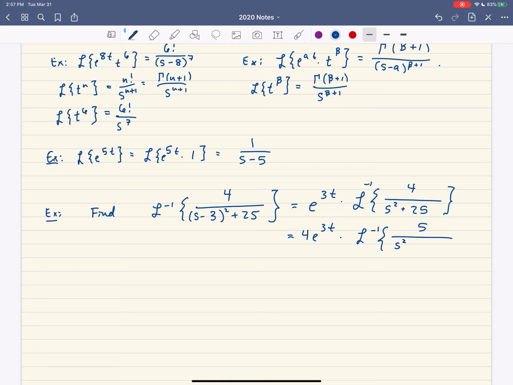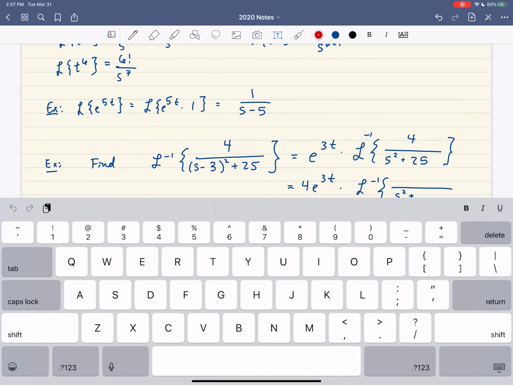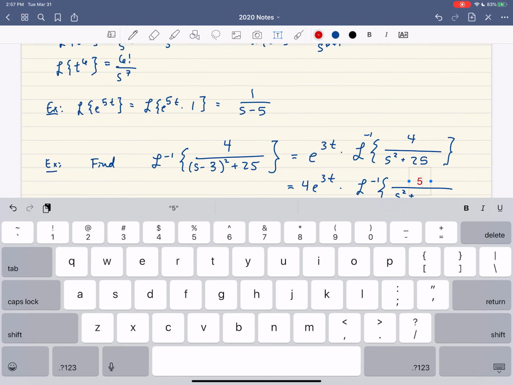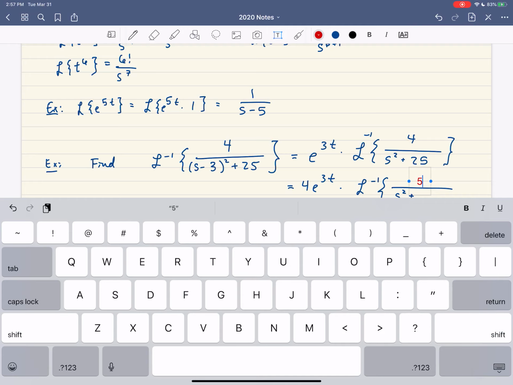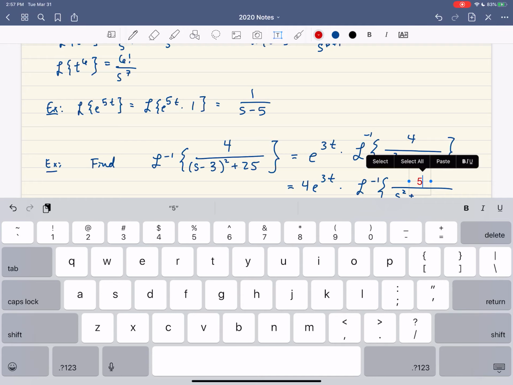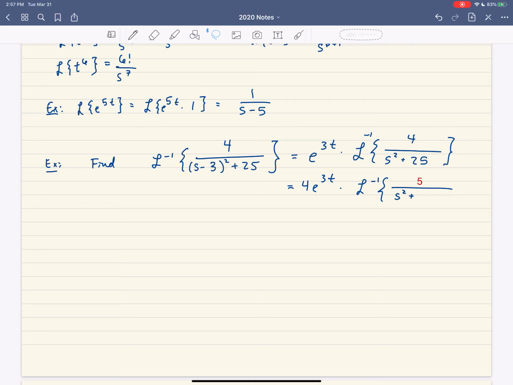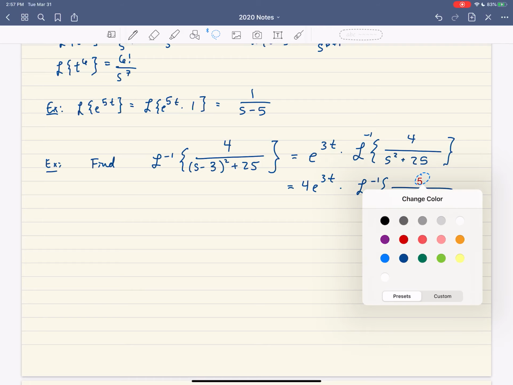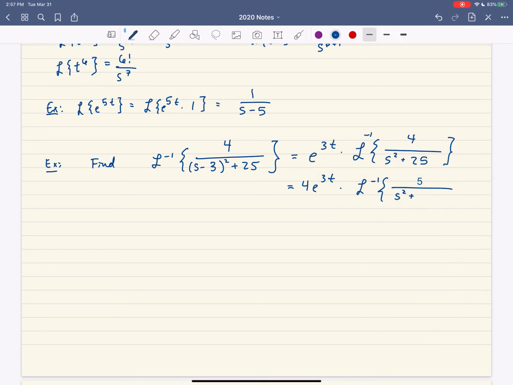In order to keep it balanced, we put in that 5 at the cost of bringing another 5 outside.